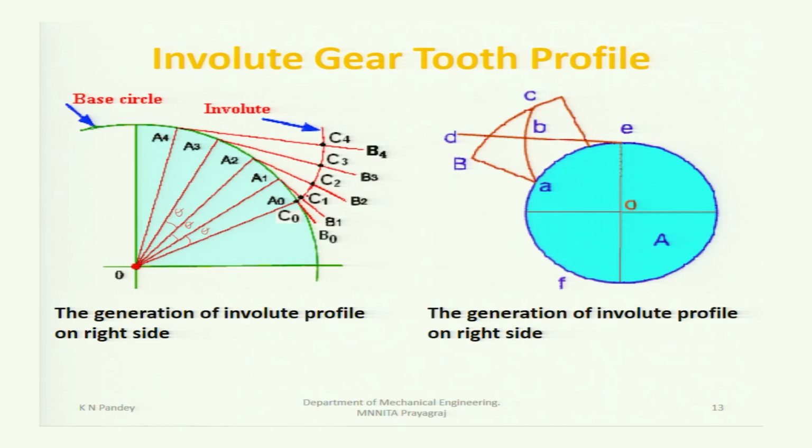Like that you will get different points C1, C2, C3, C4. Now join these with the initial point C0; C0, C1, C2, C3, C4 will generate an involute tooth profile.